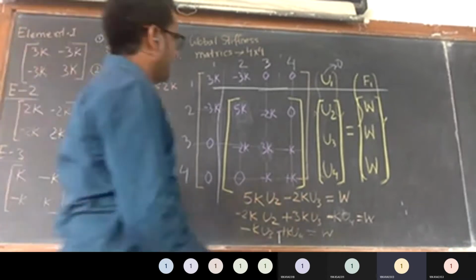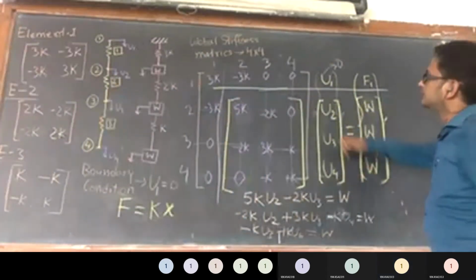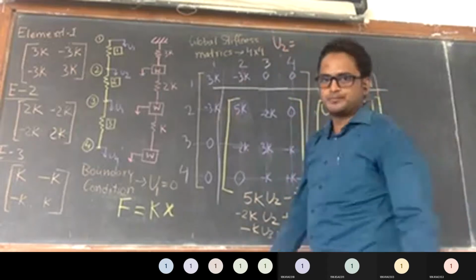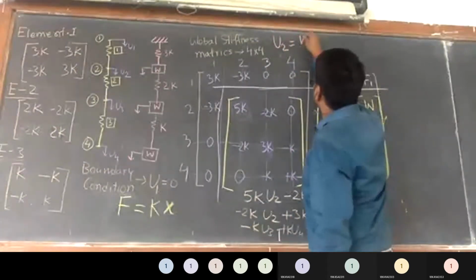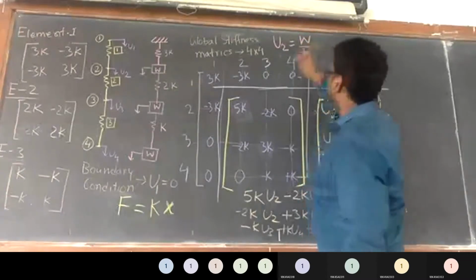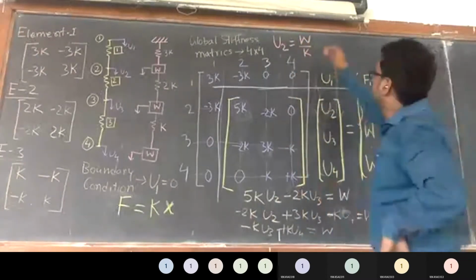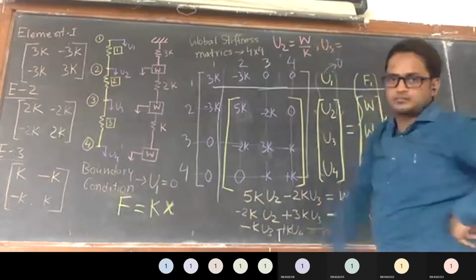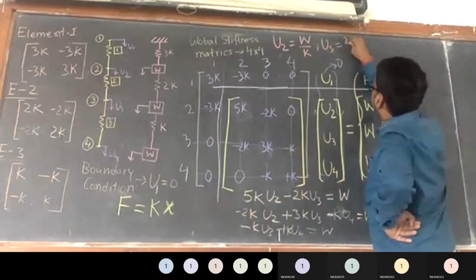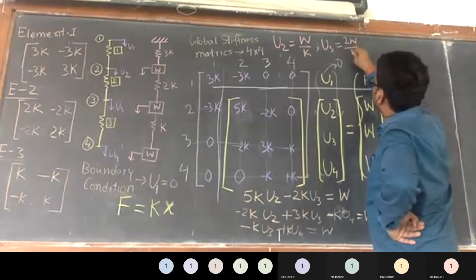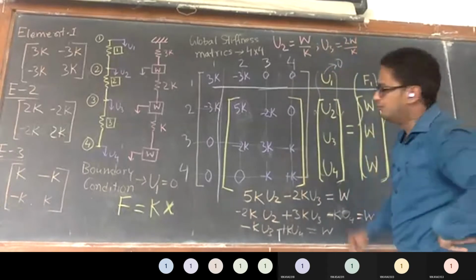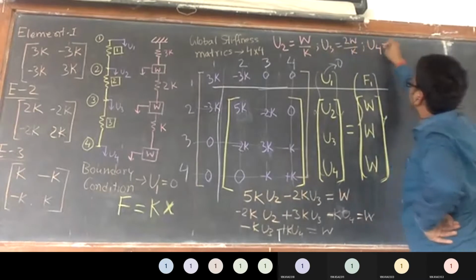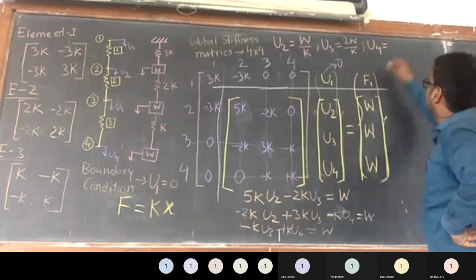So I will write here the right answer. You will get u2 equals to W by k, u3 equals to 2W by k, and u4 equals to 3W by k.